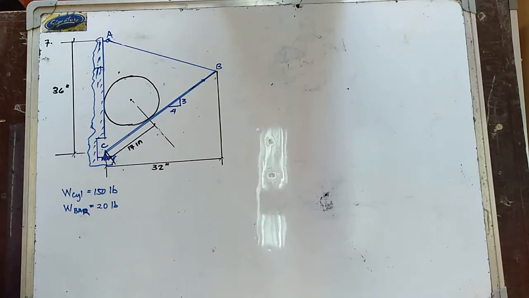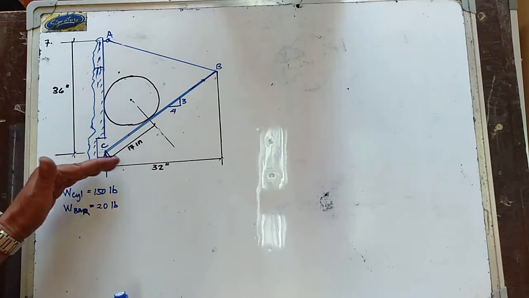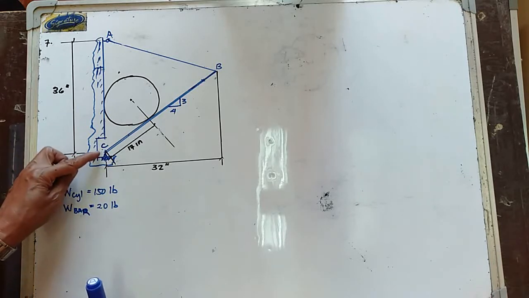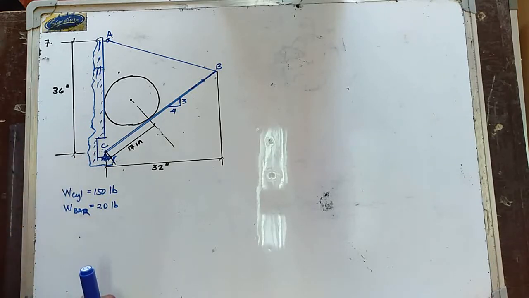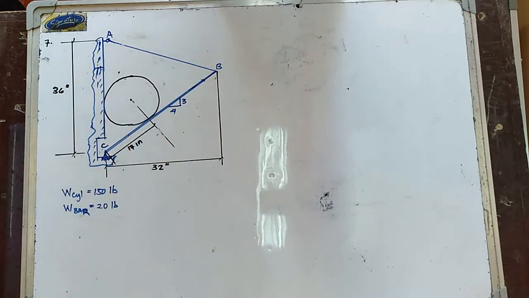Now, if all surfaces are smooth, determine the reaction at support C of the bar and the tension in the cable AB.